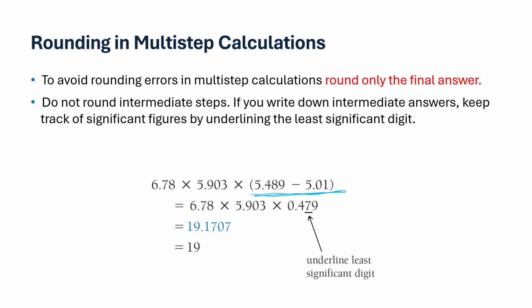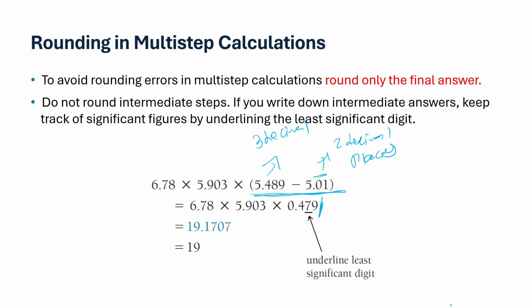But here you are saying this one has 2 decimal places, and this one has 3 decimal places. Okay, so as we have in rules, the final answer should be written with 2 decimal places, but you are not rounding it here.